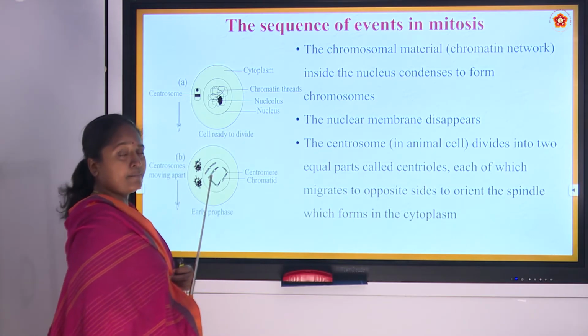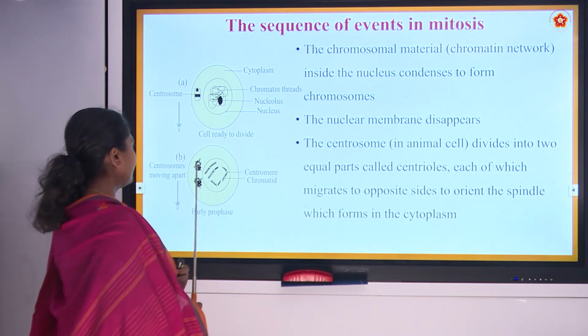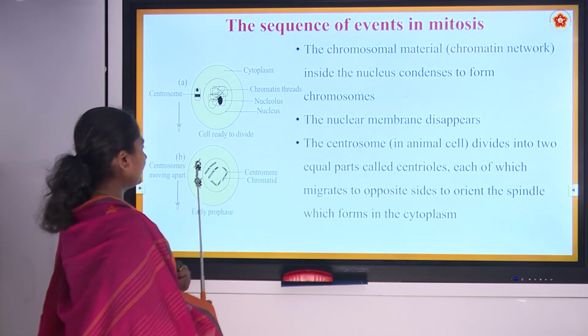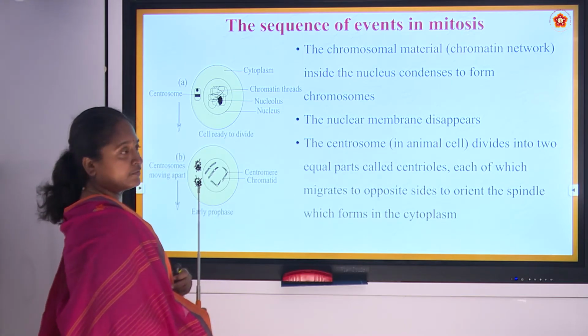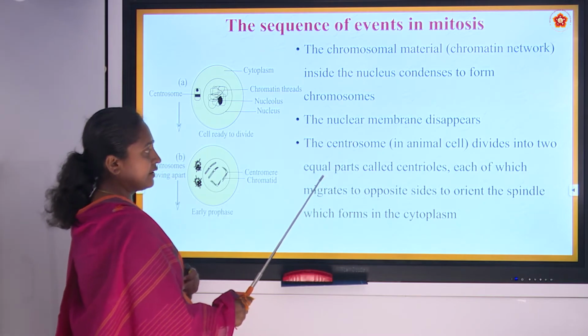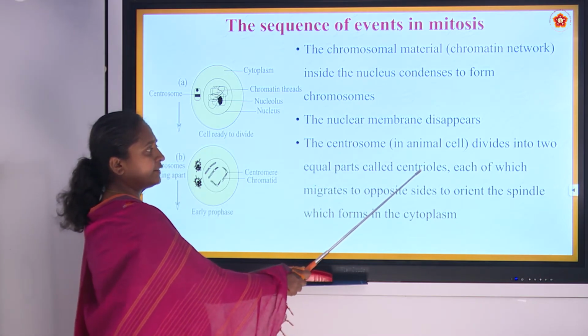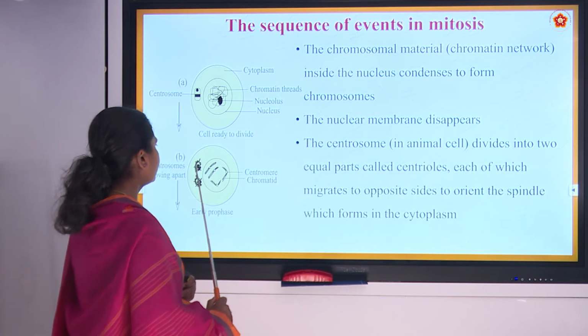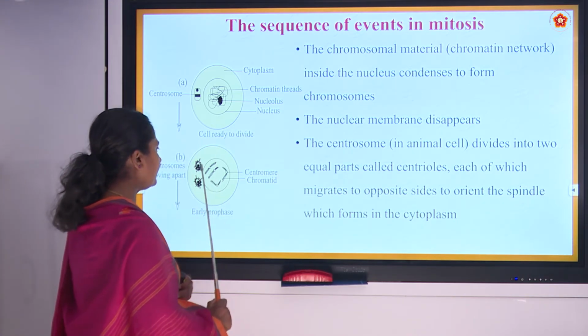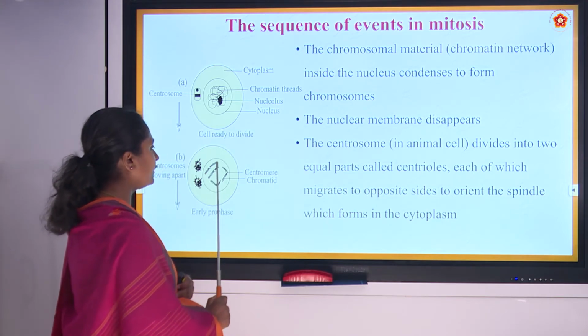When the cell is about to divide, the centrosome divides and becomes two equal halves, which are known as centrioles. Each of the centrioles will migrate away from the other. One will move up, the other will move down of the nucleus.